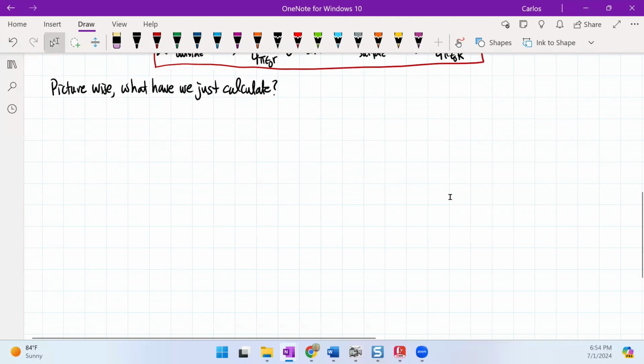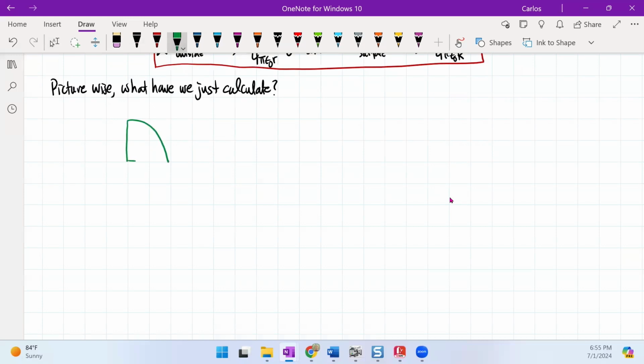So if I'm looking at my sphere, then this is what I'm seeing. I have a quarter of a sphere. And I'm looking at my potential function here. And I know that this distance right here is r.